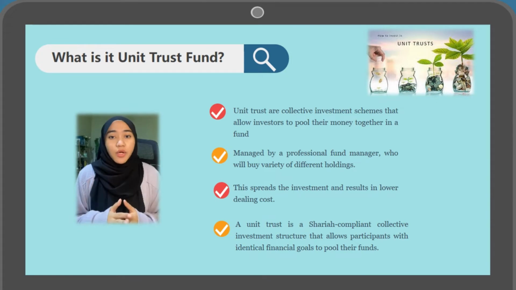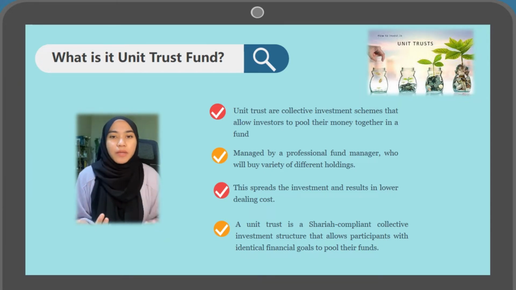First, we must know what is meant by unit trust. Unit trust is a collective investment instrument where funds are pooled together and used to invest in a portfolio of securities or other assets.